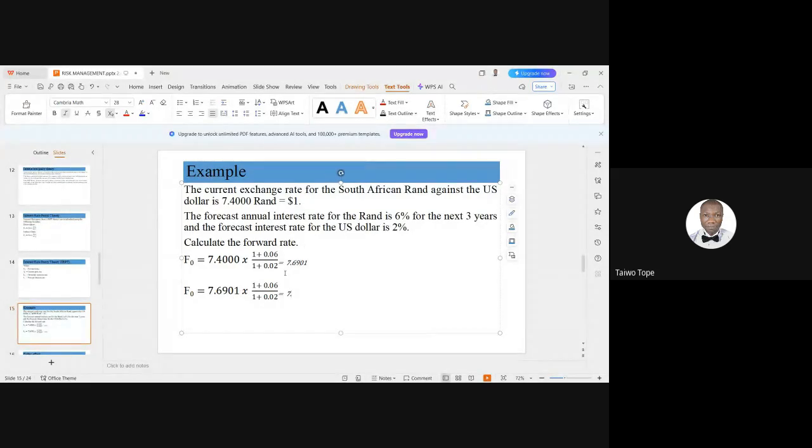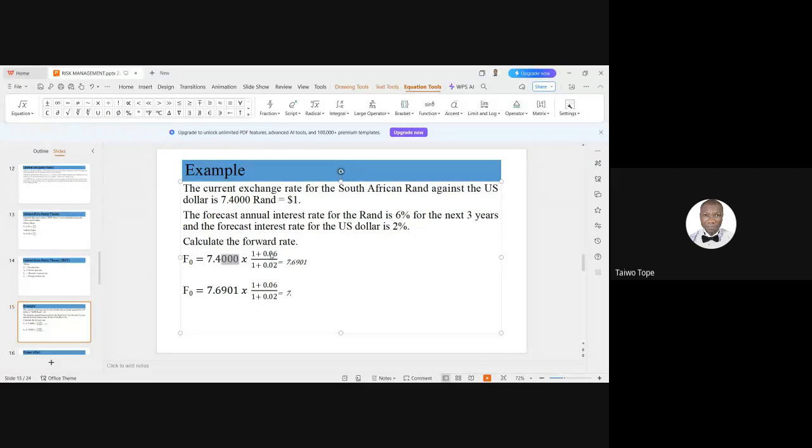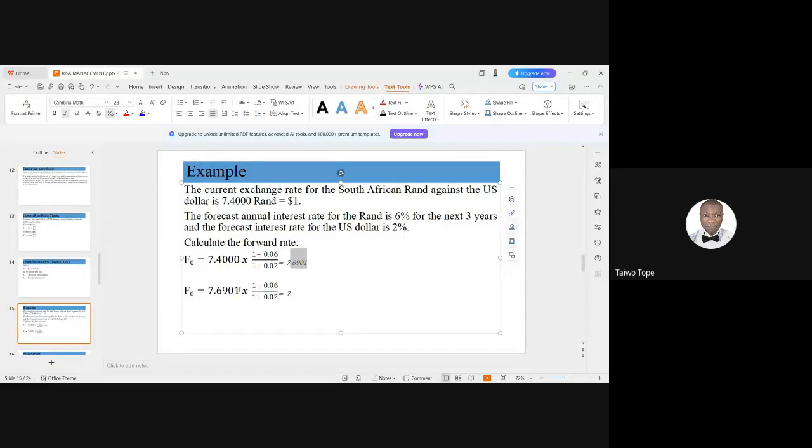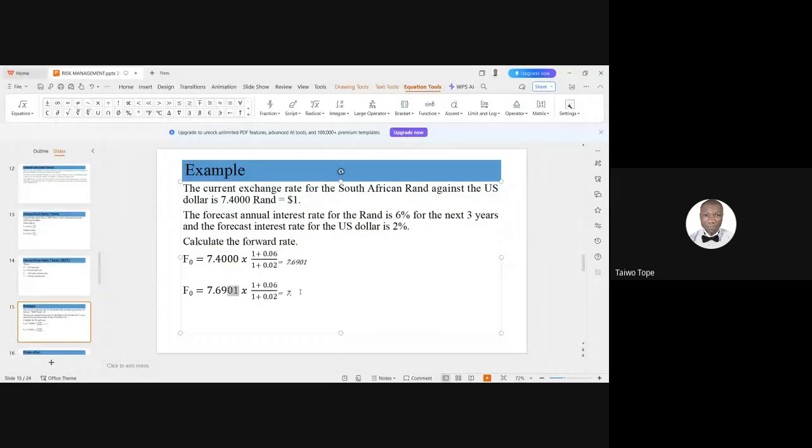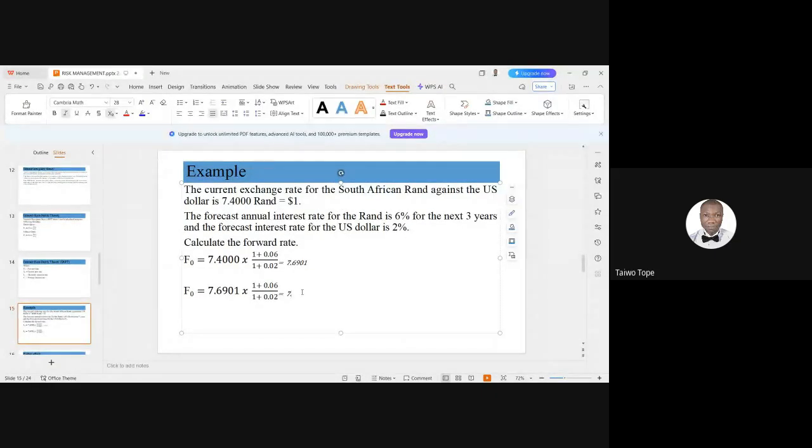We earlier explained that you can solve it in two ways. Either you maintain this value and raise these values up to the power of 2, or you use this value as the spot rate in year 2, and you still get the same result. So once you do this, you have 7.9916.